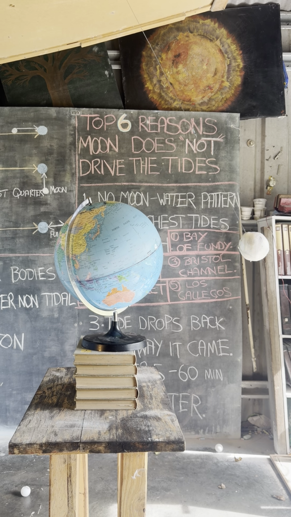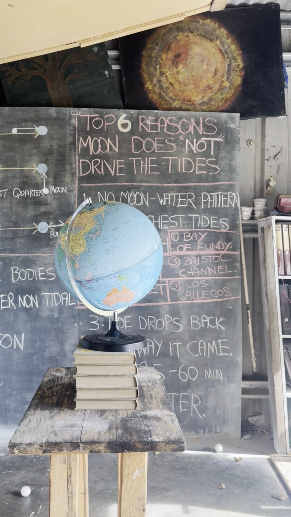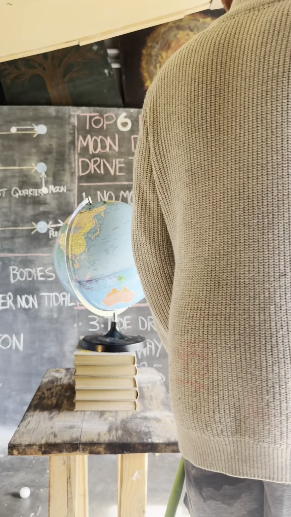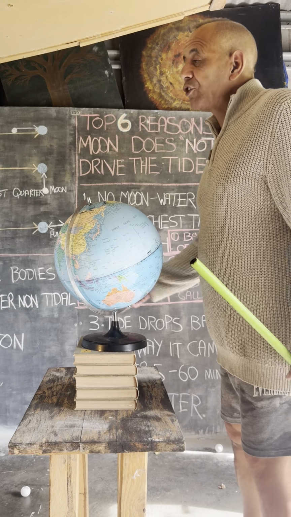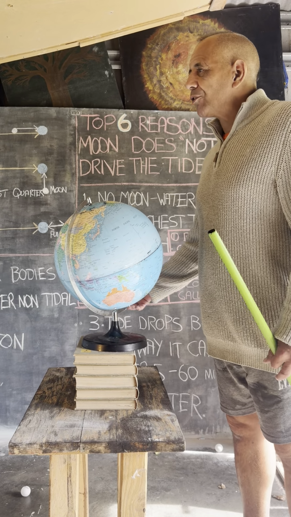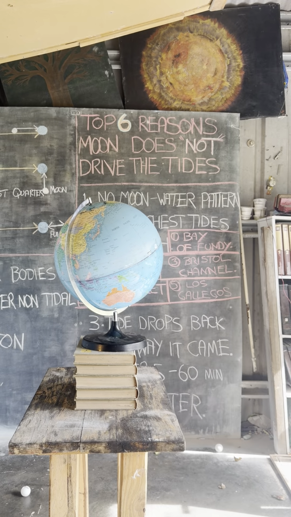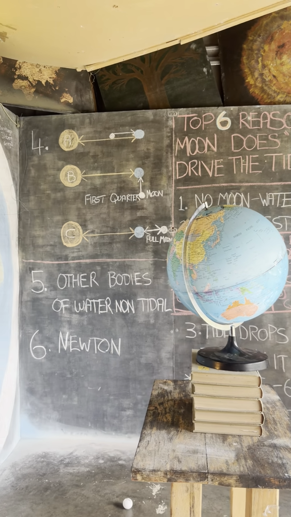Let's go up to number 4. Number 4. This is the bulge, the theory, the rubbish that qualified people teach and pass on as knowledge. And now everybody's believing the illogical.